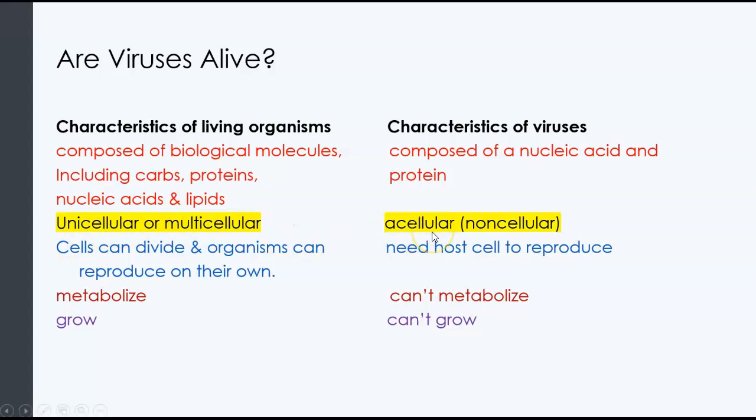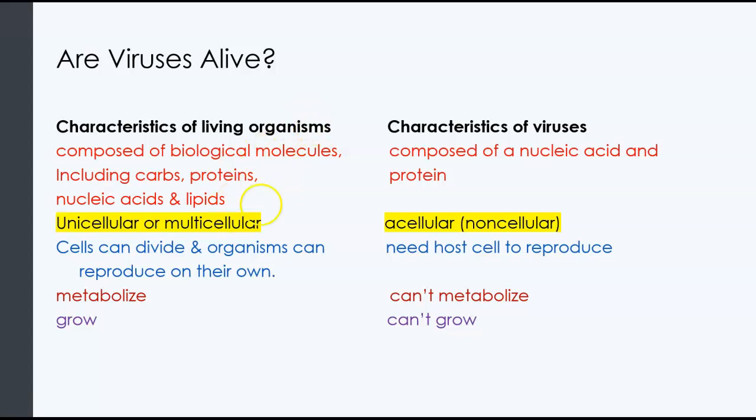So this kind of already answers the question whether viruses are alive, because viruses are not cellular. They are not composed of even one cell. But look at some other things. Living things are composed of, we learned this, the biological macromolecules, carbohydrates, or carbs for short, proteins, nucleic acids, and lipids.